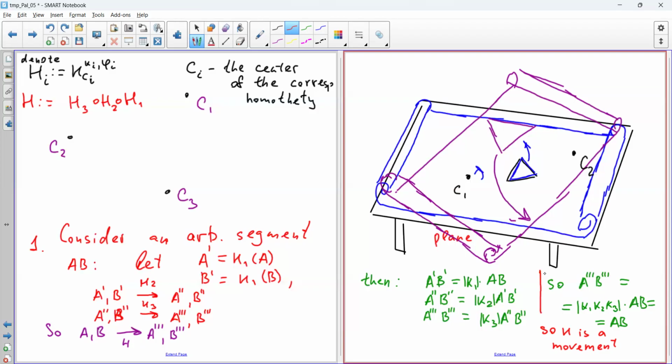This is the core property in this situation.